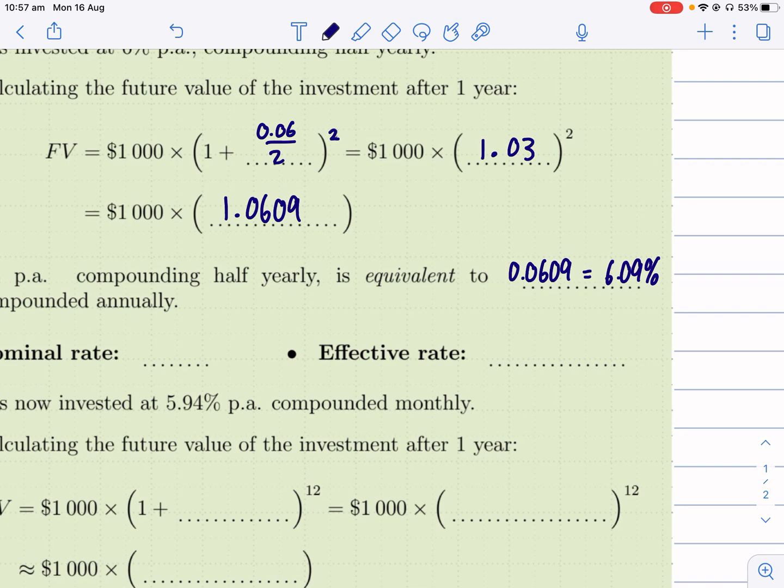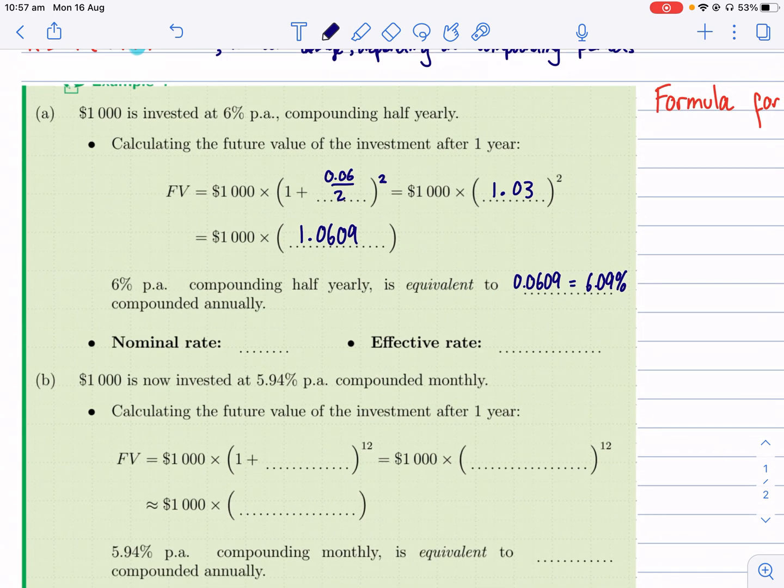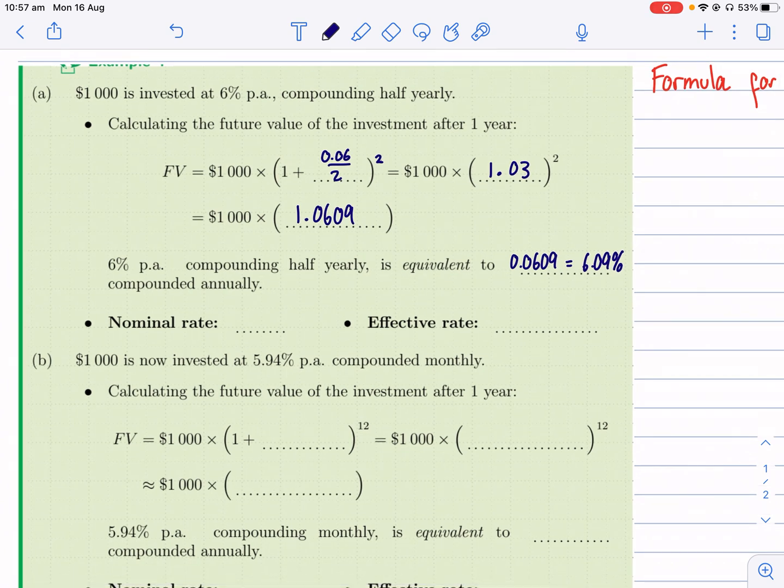And you can run the numbers for this yourself. Compounding twice a year at 6% is the same as compounding it once a year at 6.09%. So we're just trying to tell them how much it would be if we were compounding once a year.